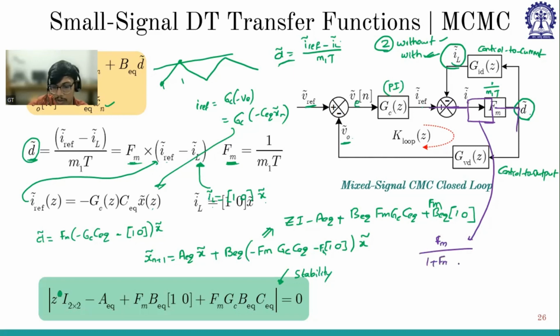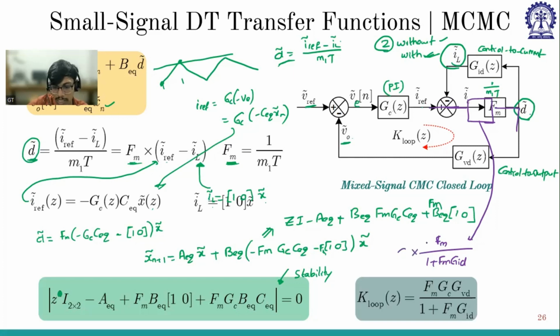Am I correct? Because FM is the forward path and GID is the loop. So if I replace this loop, I'll get FM by 1 plus FM GID. So now what is my loop transfer function? My loop transfer function is this into GC into GVD. So that is what is giving me the loop. So using this, I will design my controller.